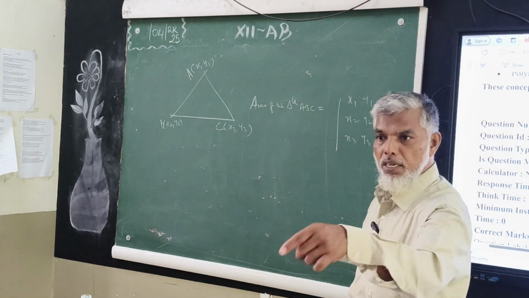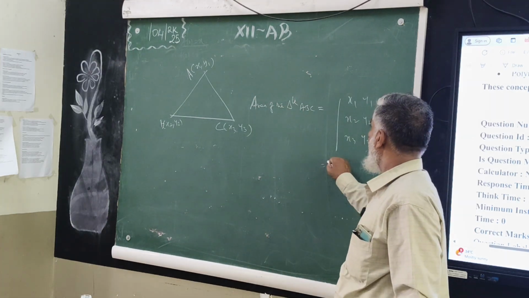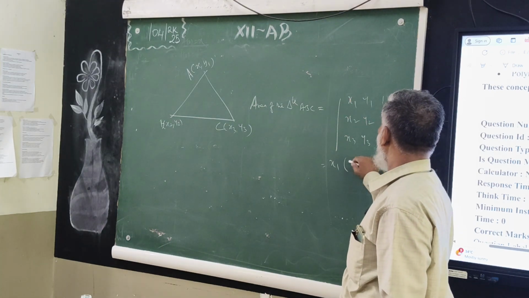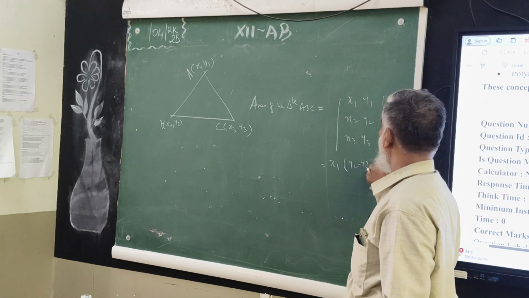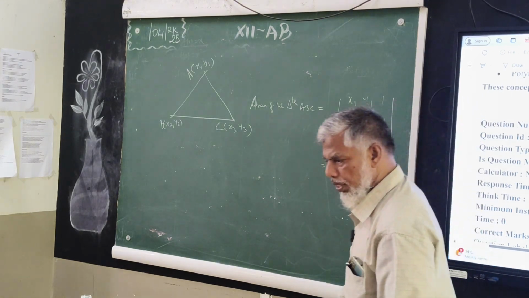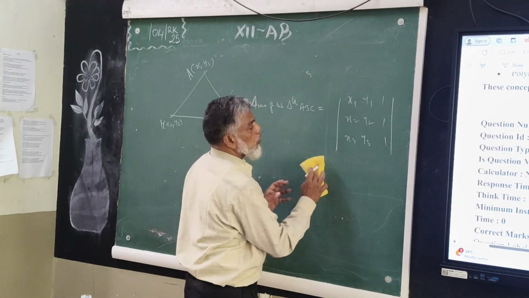You studied determinants. Have you studied determinants? Then if you expand, what will you get? x1 into (y2 minus y3), minus y1 into, or you can expand like this. This is also correct.